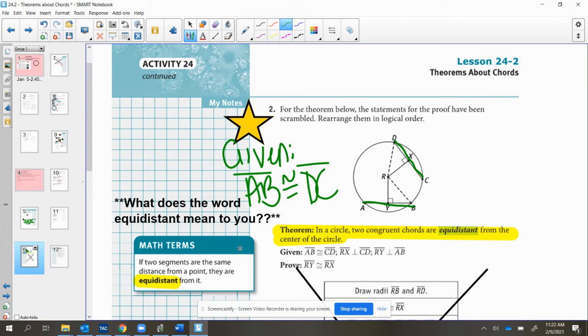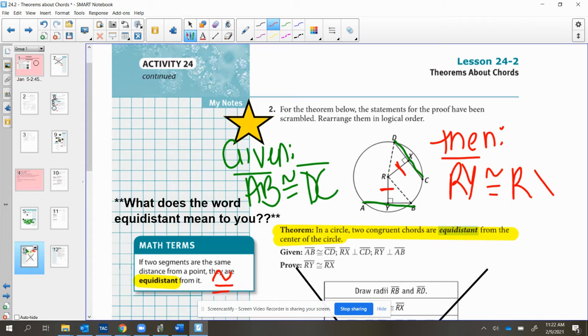It says they're the same distance. In other words, equidistant kind of means congruent here. So because AB and DC are congruent, we can now say that the center to the chord, so RY, that segment is congruent to RX. So that's our second theorem of the day.